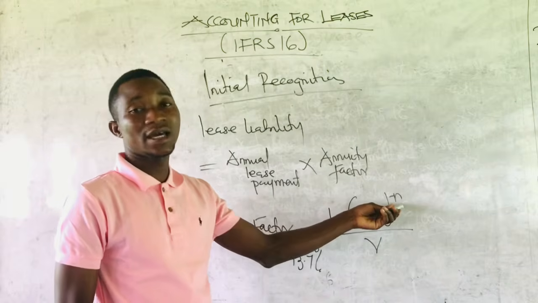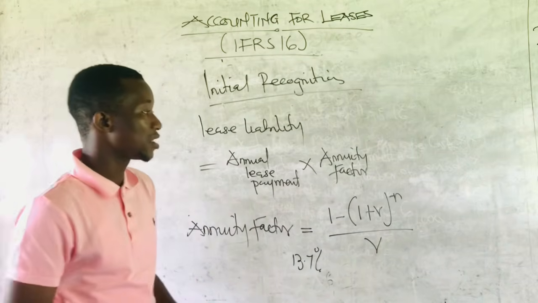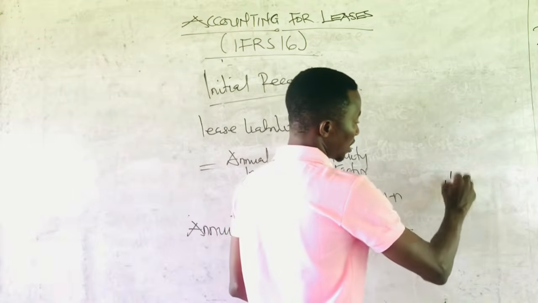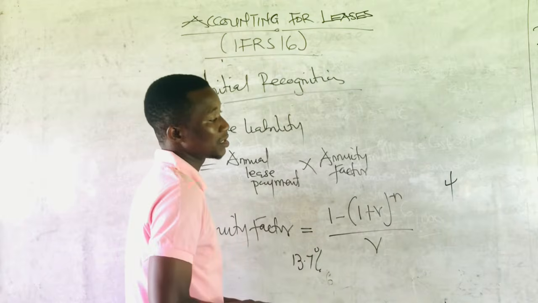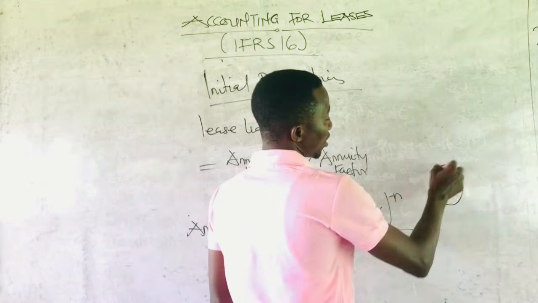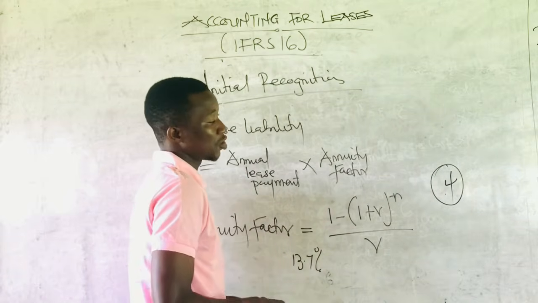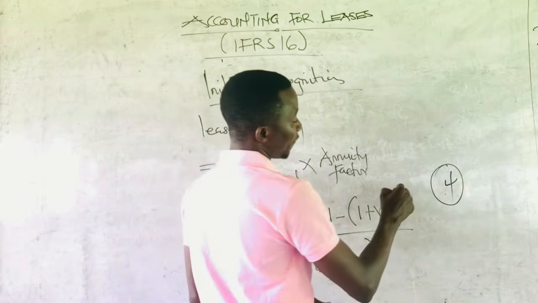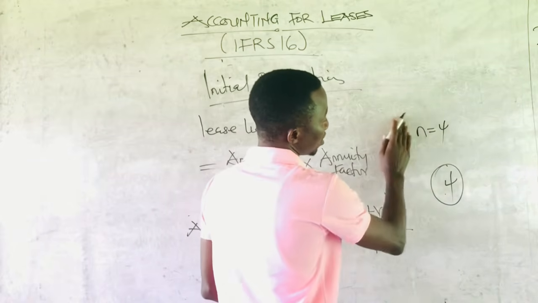And the N here is the number of payment periods remaining. So if the lease term is 4 years and payment is made in arrears, it means that payment will be made at the end of every year for 4 years. It means that the number of payment periods remaining is 4. That is, N is equal to 4. Is that clear?